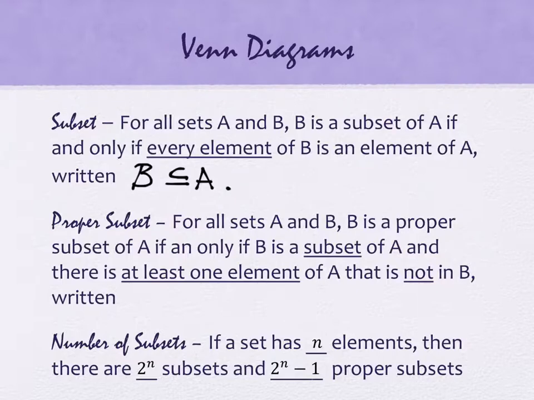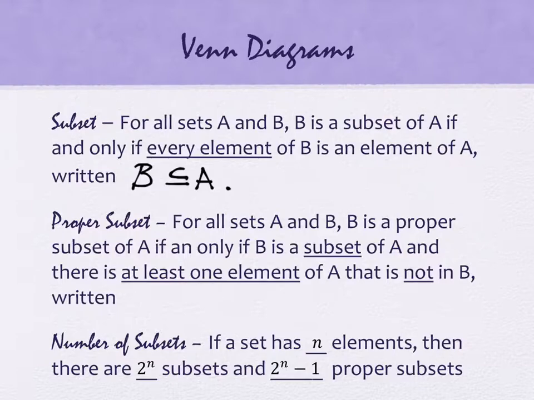It kind of looks like a sideways U, or a little bit like a squished C with a line underneath it. And what it means is that B is smaller than A, or maybe equal to it. Everything that's included in it is included in the bigger set.